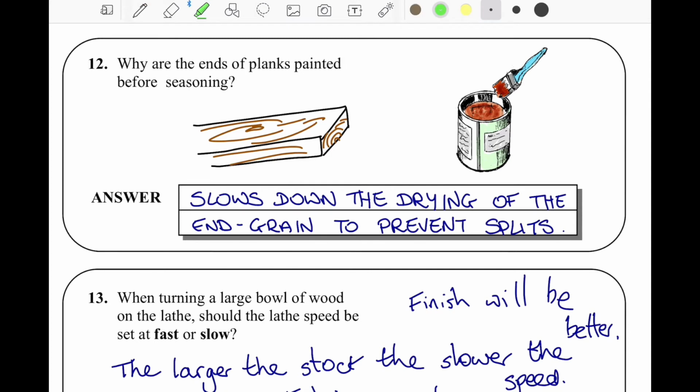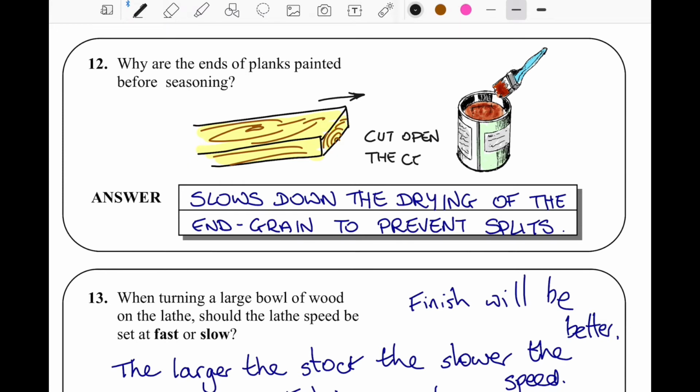What actually happens as you are seasoning, drying the timber, is the first place the water starts to escape from is this end section. The reason it tries to escape is because you have literally cut open the cells. That's what you've done when you cut that tree down.